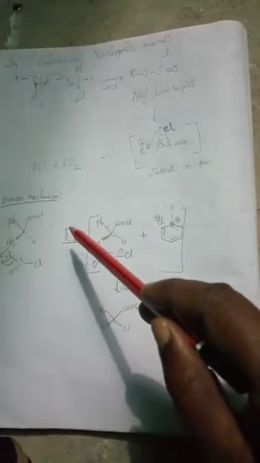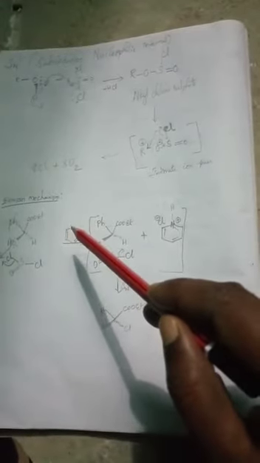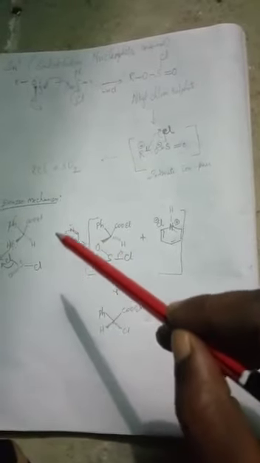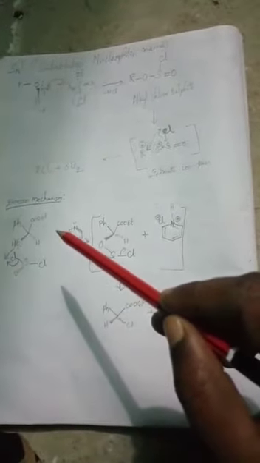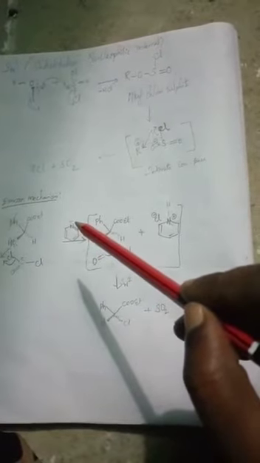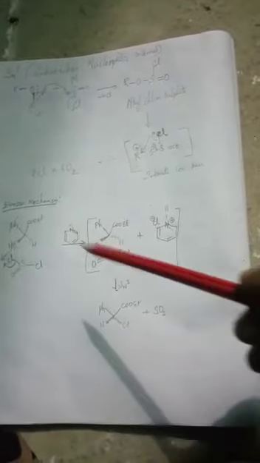This hydrogen approaches the lone pair of the pyridine, and this chlorine will also form the negative charge, and due to the excess bond it will have a plus charge. So this hydrogen and chlorine attack this lone pair present in the pyridine.